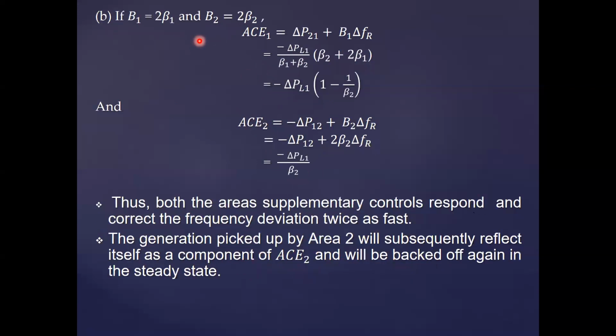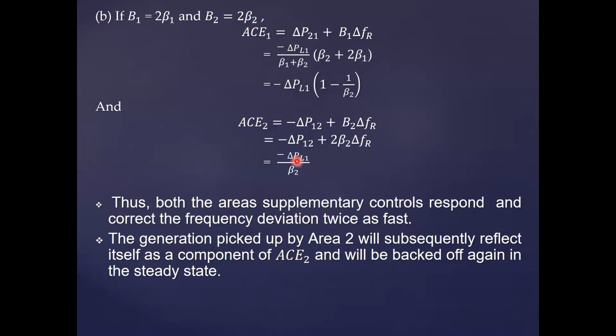But in case you have twice of it, if the frequency bias factor is twice the composite frequency response characteristic, then with this relationship we have the substitution, and then you find this quantity, and in the same way for area 2 you have this one here.